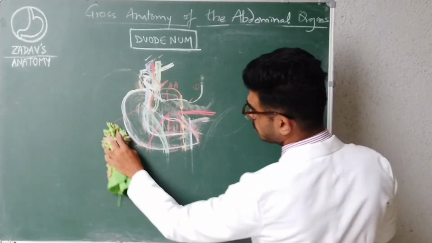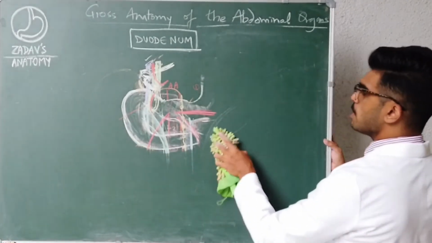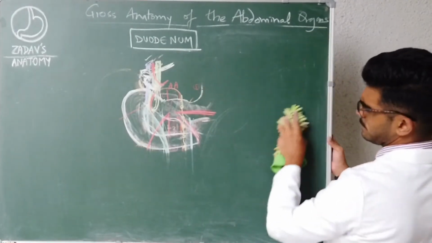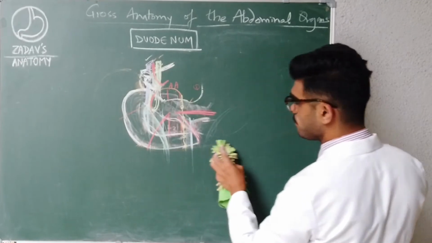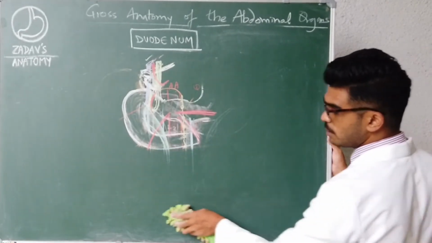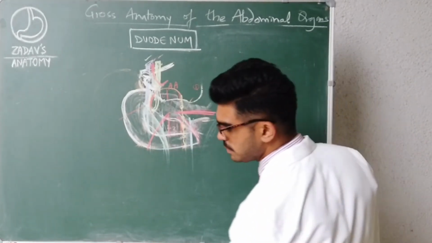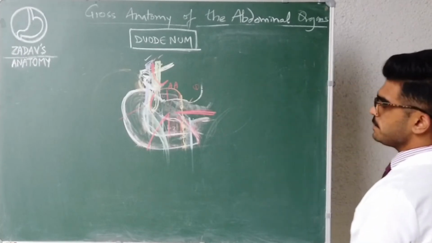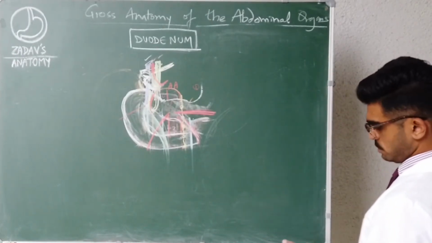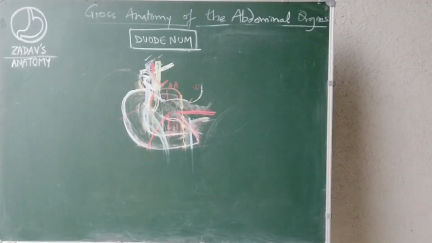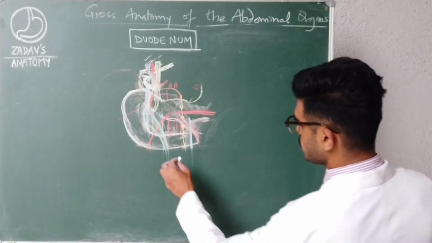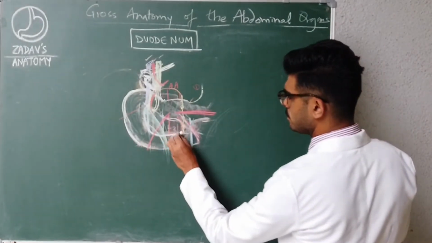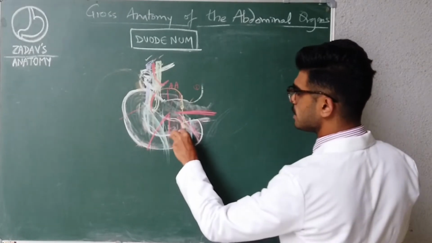So I would like to apologize for that, but I'm sure that even through these mistakes of mine, you'll get to learn how everything is oriented in the abdomen. That's what it's all about. Learning from your mistakes. Okay, so I'm just gonna probably get D4 slightly on this side now.